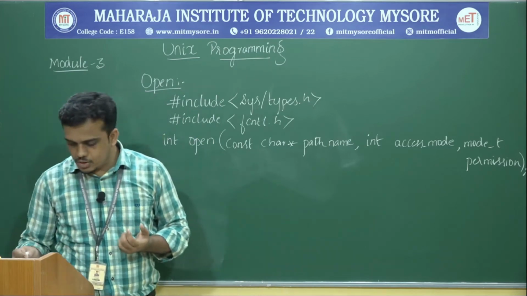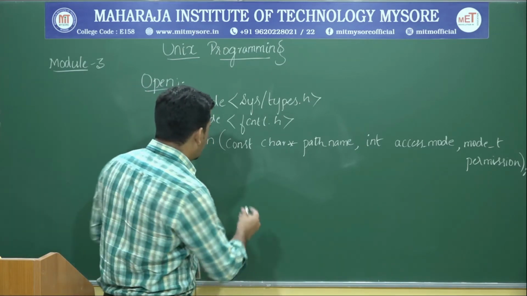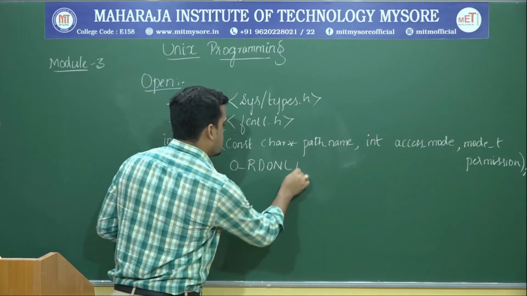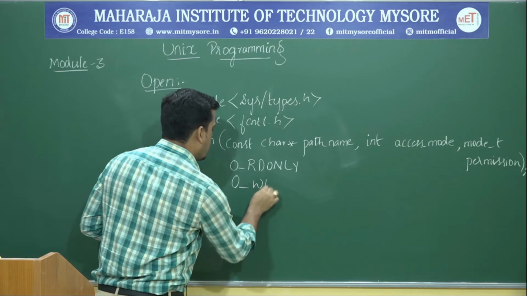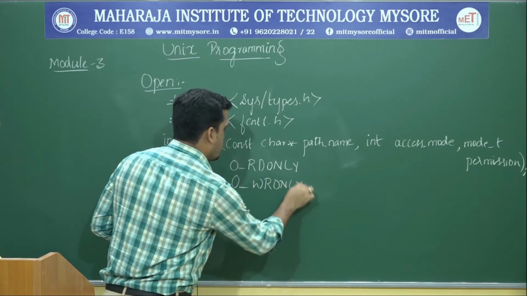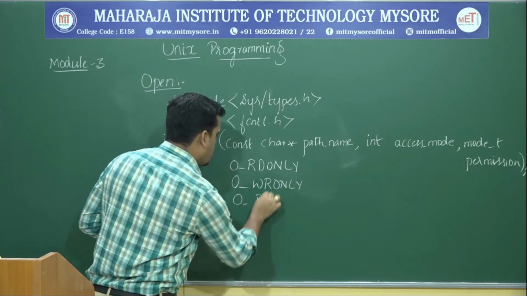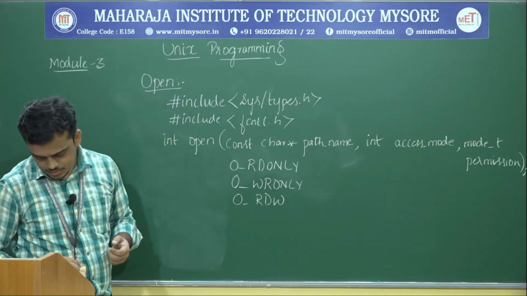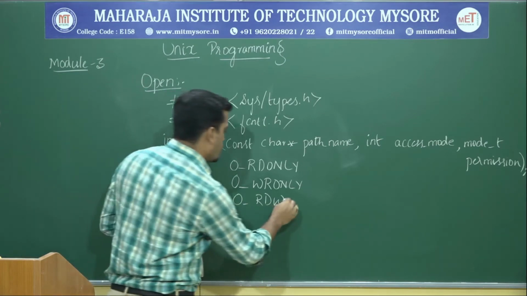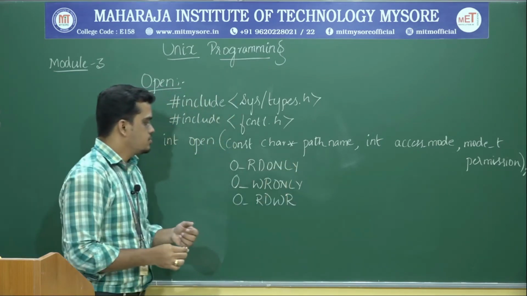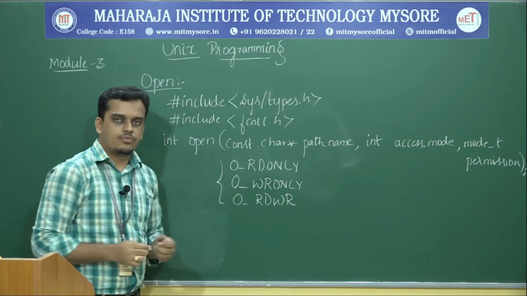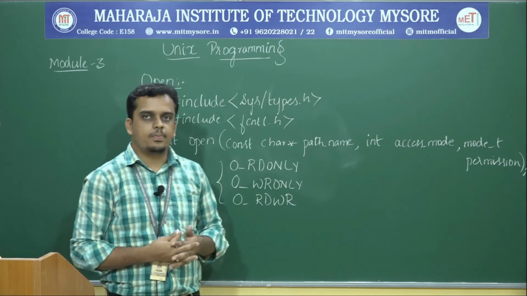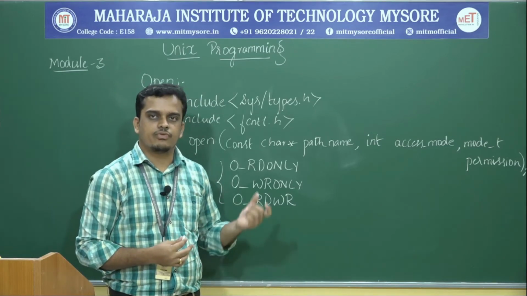So here we have three different access modes. These are the three different access modes that you can pass for the second argument of an open API.